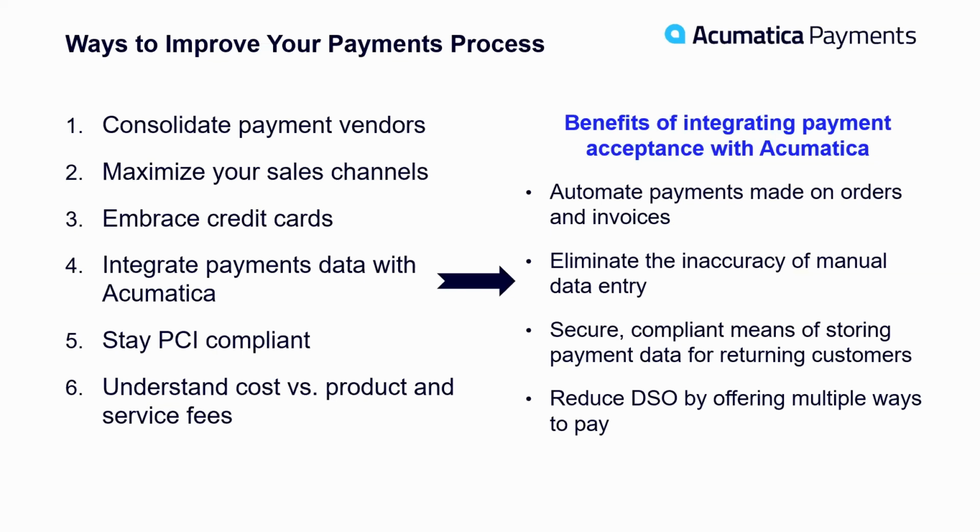Stay PCI compliant. So PCI stands for Payment Card Industry, and there's different rules and regulations that the card brands put in place to help secure cardholder data. So making sure that you're using a secure system and a secure way to accept and store cardholder data.